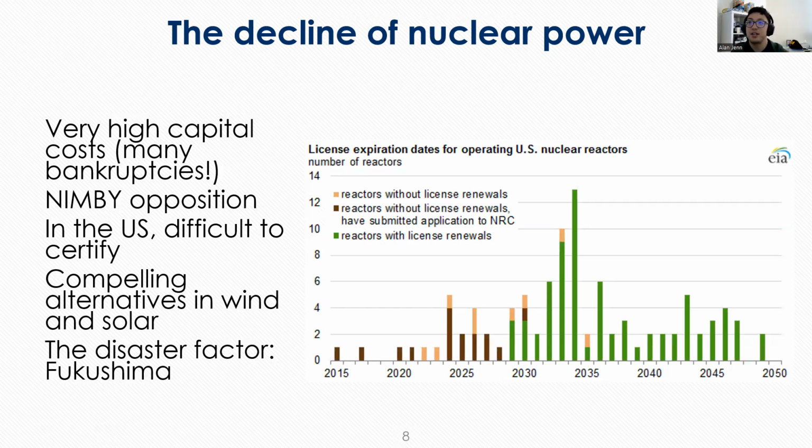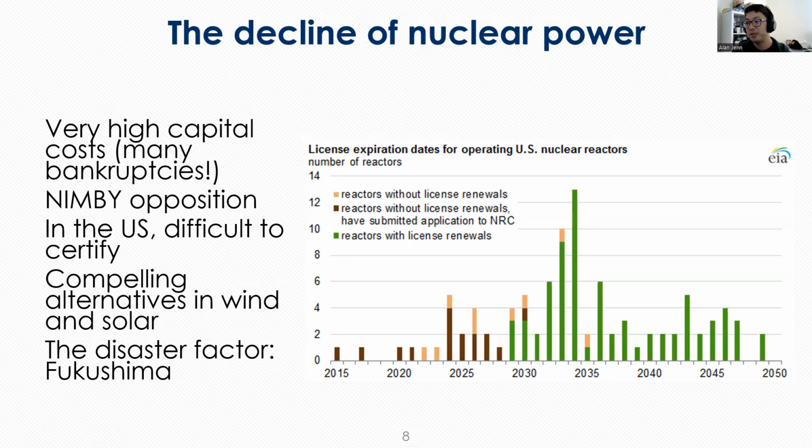And as I was mentioning, there haven't been very many new constructions. And in fact, a lot of nuclear plants are starting to reach an age in which they are supposed to retire.